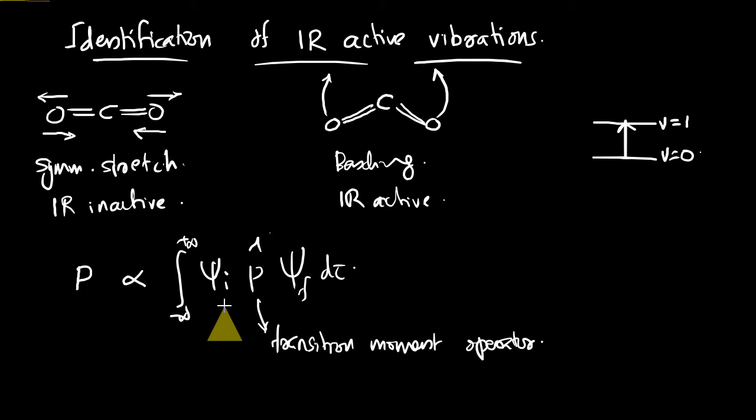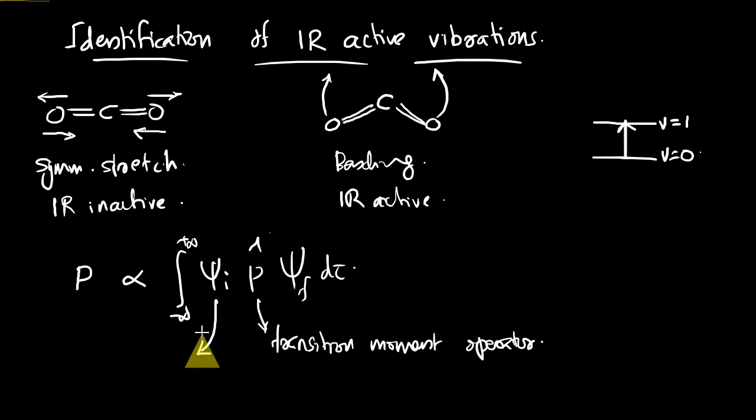And here I have a term psi I. By hearing psi, you can assume that this is a wave function, or a state function. That state function corresponds to the state of the molecule before the transition. Before the transition means the molecule is in the ground vibrational level, right?